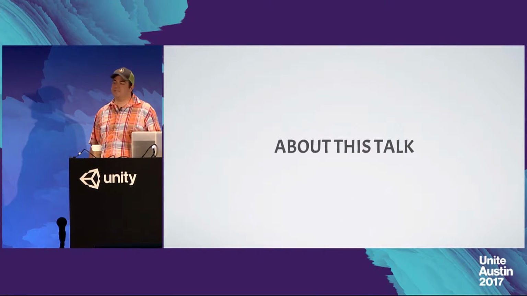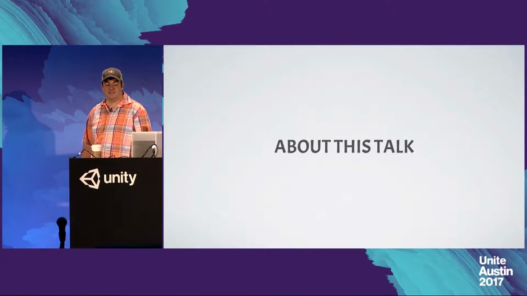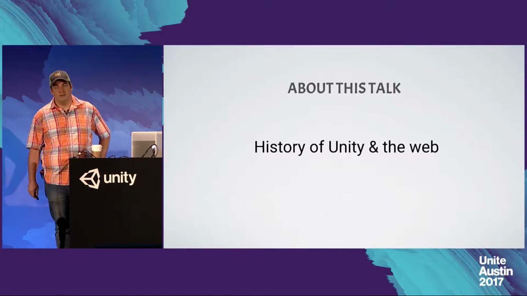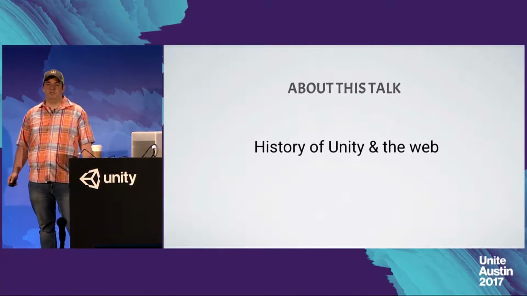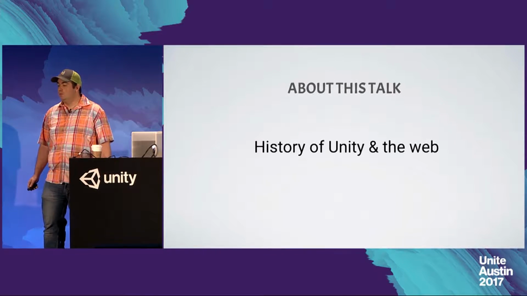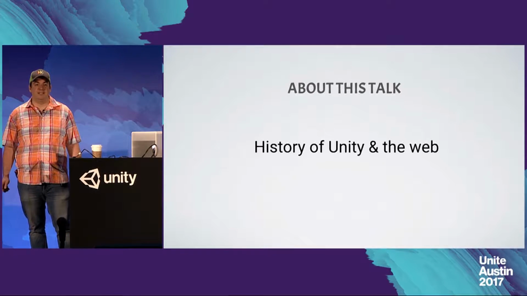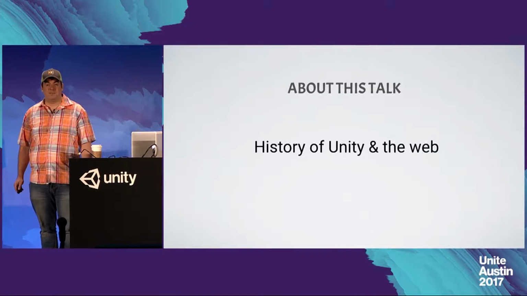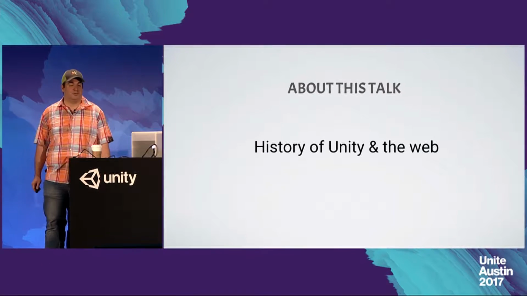So let's talk about what I'm going to speak about here. We're going to talk about the history of Unity and the web. And what I found to be really interesting is that Unity has been a web-first platform since they shipped in 2005.